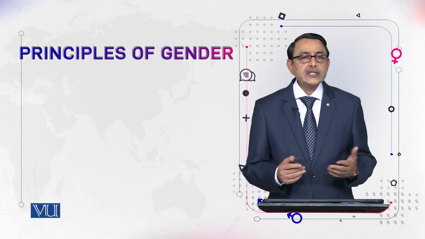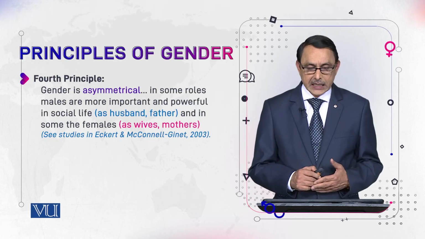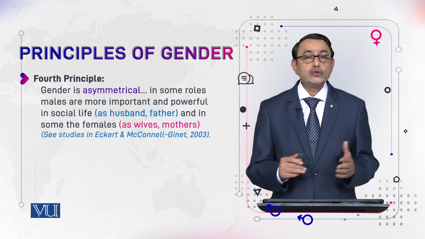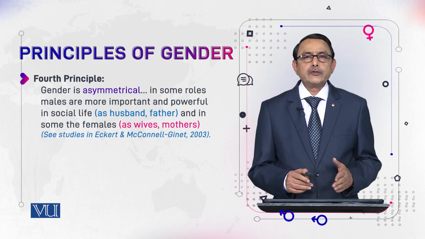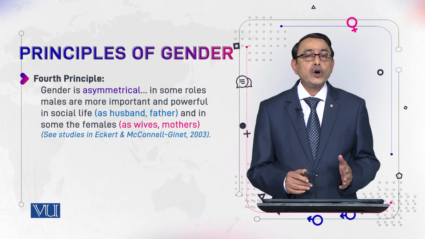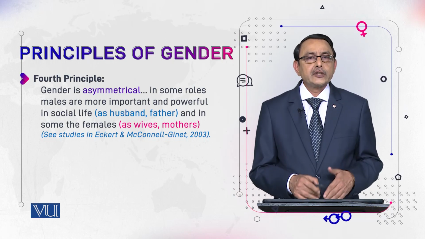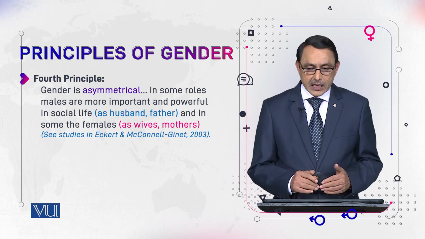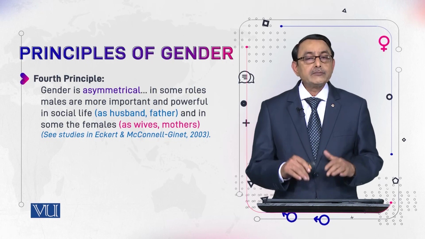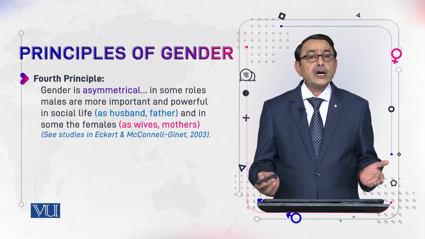Now, the fourth principle of gender development is that gender is asymmetrical. You may be seeing clearly that all these principles are somehow linked with some discipline that we have talked about. Asymmetry means that in some roles males are more important, and in others females are more important.